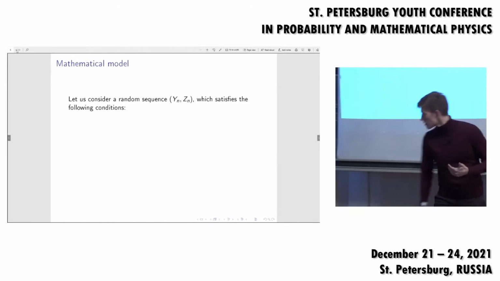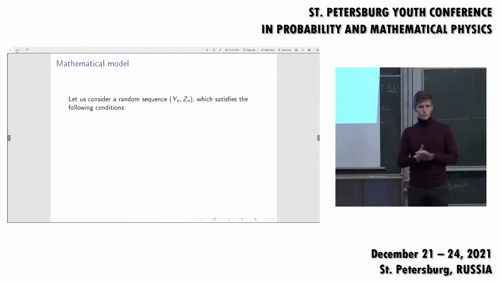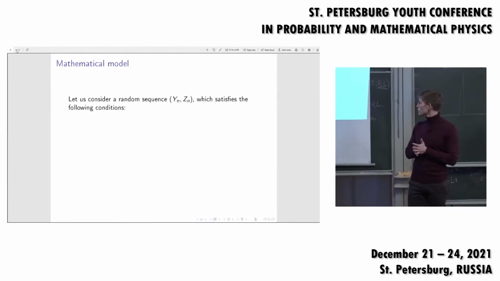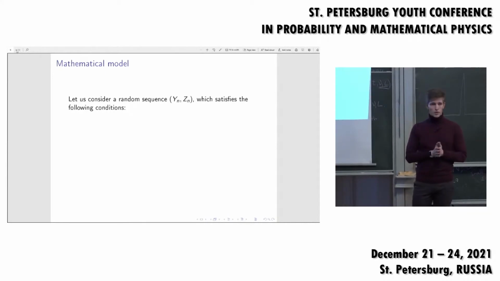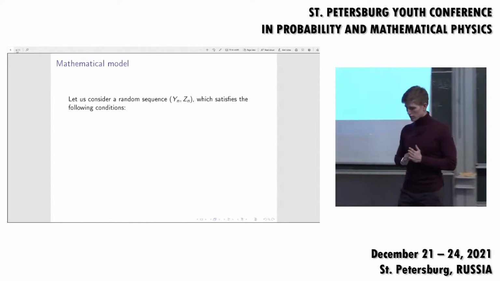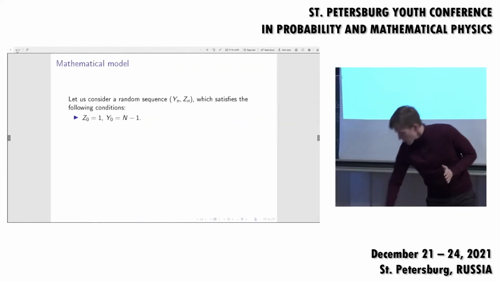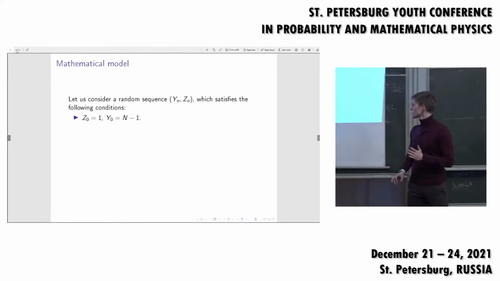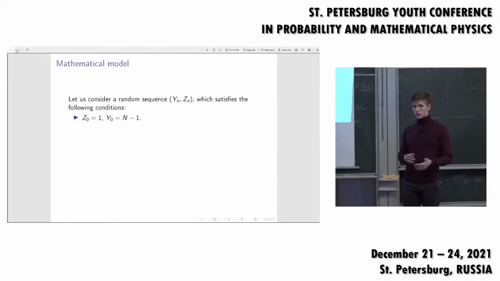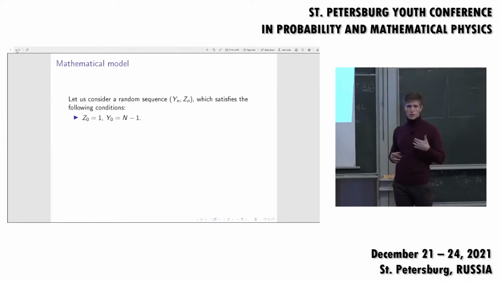Then some mathematical model. We consider a random sequence Yn, Zn, which satisfies the following conditions. Firstly, Z0 is equal to 1 and Y0 is equal to n minus 1.